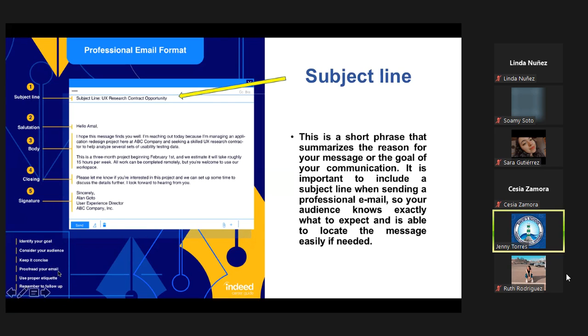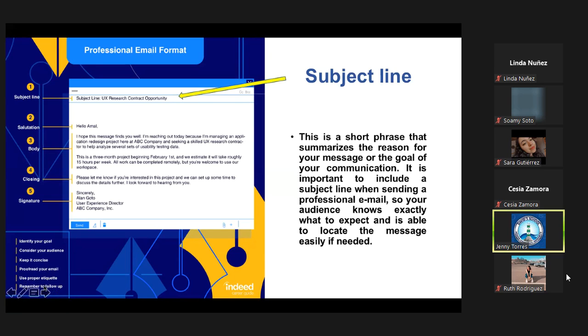Proofread your email. Tienen que revisar antes de enviar su ortografía, tienen que revisar si las oraciones están bien hechas, si tiene sentido lo que ustedes están diciendo, si no hay exceso de palabras o repiten mucho una palabra. Usar un lenguaje apropiado, ¿verdad? De acuerdo a lo que ustedes quieran expresar.